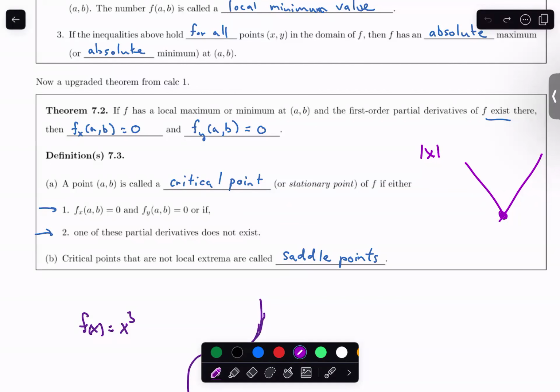Again, we're gathering up all the places that could potentially have mins or maxes. Largely in our class, we're going to be taking a couple of partial derivatives and figuring out what it takes to make both of these things equal to 0. Where one of these partial derivatives doesn't exist doesn't come up so much in our class, but for very complicated functions that would be hard to do by hand, if you want the complete set of where you could have critical points, you do need to include where partial derivatives don't exist.